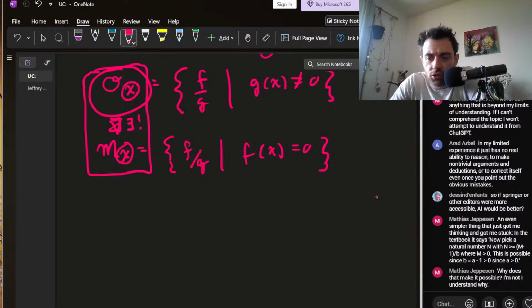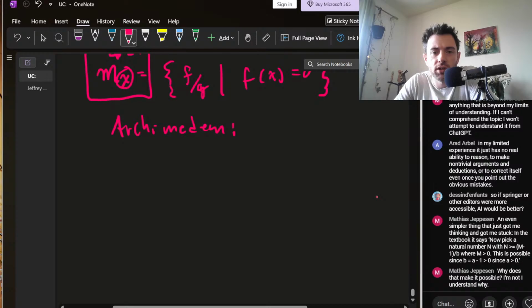Yeah, so this is just a use of the Archimedean property, right? So the Archimedean property says what?